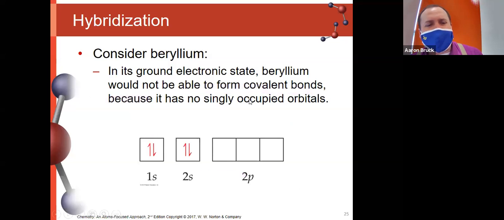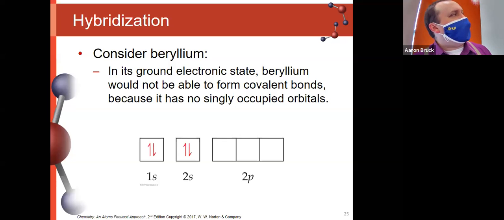So to help illustrate this a little bit better, we're going to bring out a couple of examples and show the different types of hybridization that exist for the different types of molecular shapes. So in total, we're going to look at 5 different examples because there are 5 base domain shapes that we talked about.